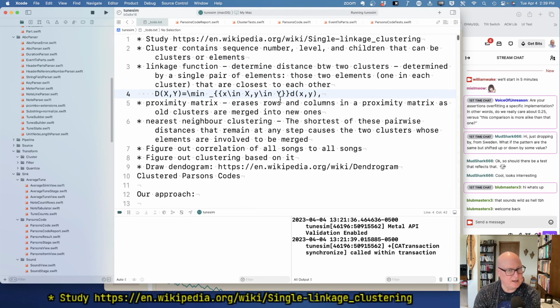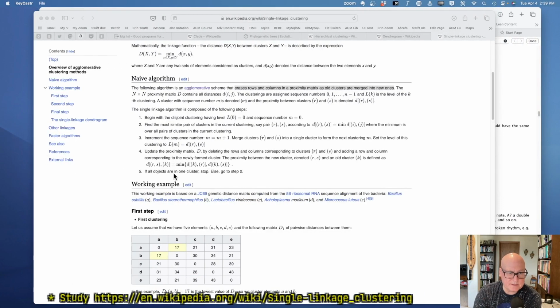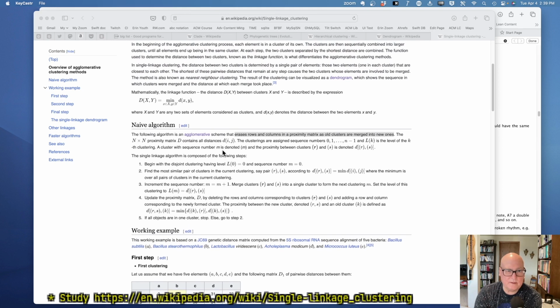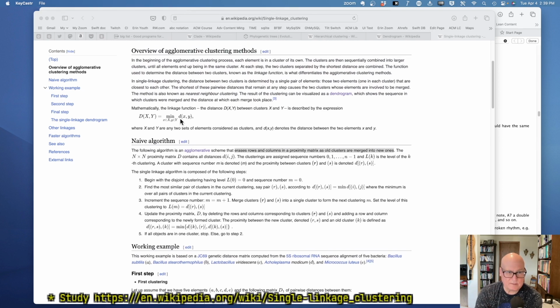We're TDDing within the context of a predefined algorithm, or at least a somewhat defined algorithm. And this thing, okay, it keeps going until everything's in one cluster. It's got a lot of work per step. Okay. And we got these distance functions. We're going to have to keep them straight.